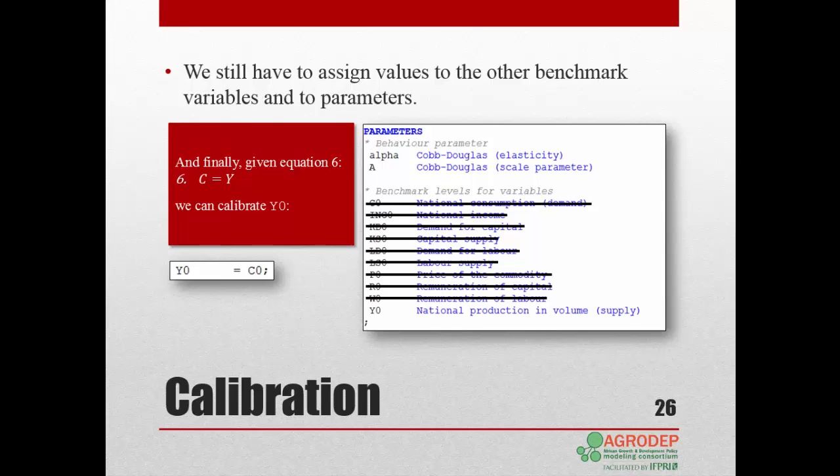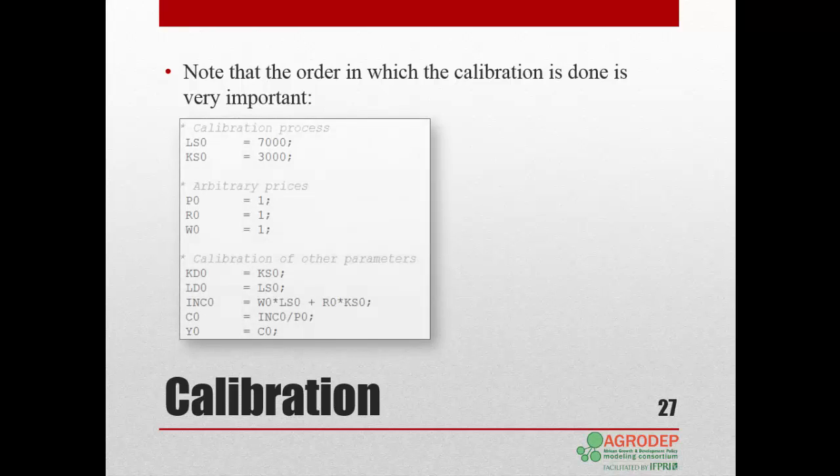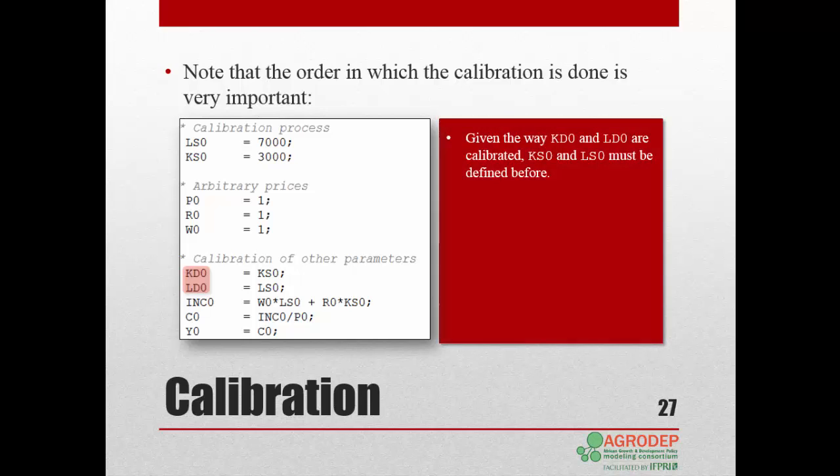Finally, equation 6 states that demand equals supply in the commodity market, so C equals output. We can calibrate Y0. Note that the order of calibration is very important. Given that KD0 and LD0 are calibrated from KS0 and LS0 respectively, KS0 and LS0 must be defined first.